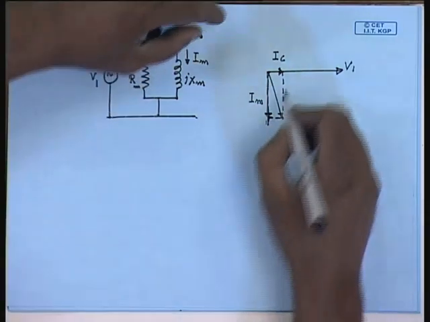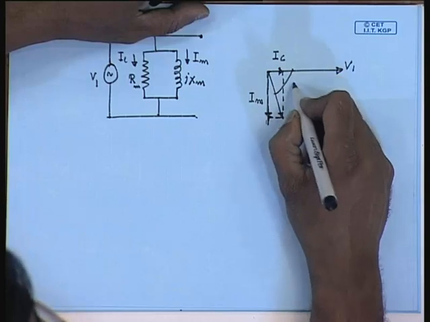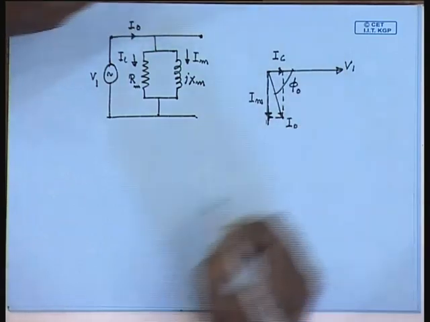Hence, this is the no load power factor angle phi 0.